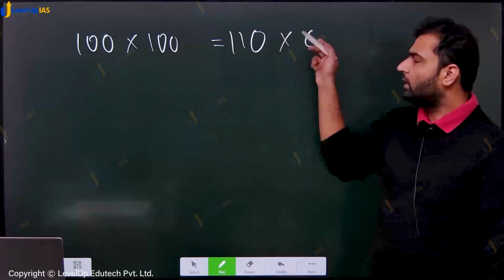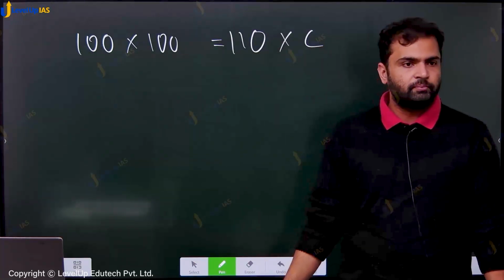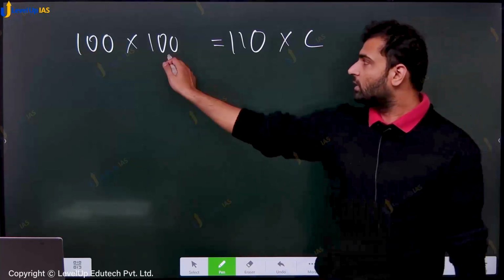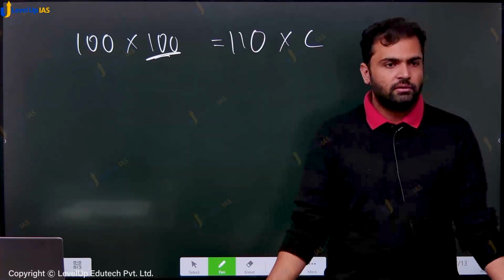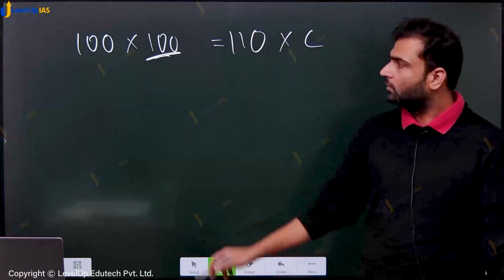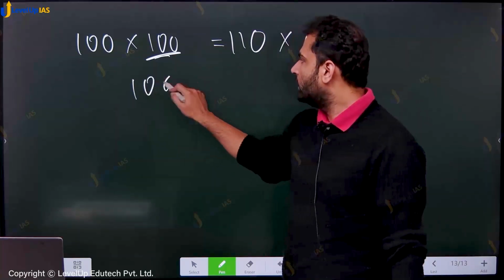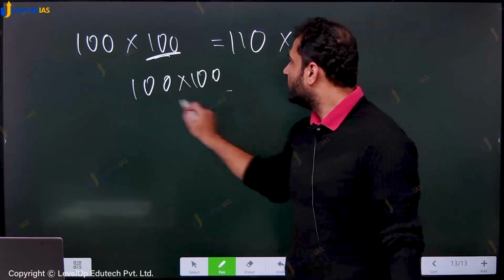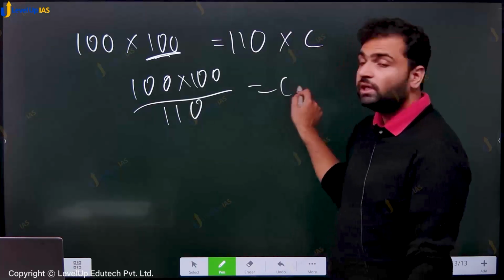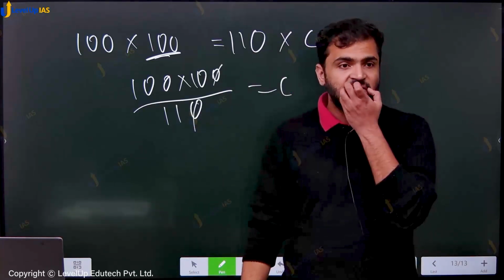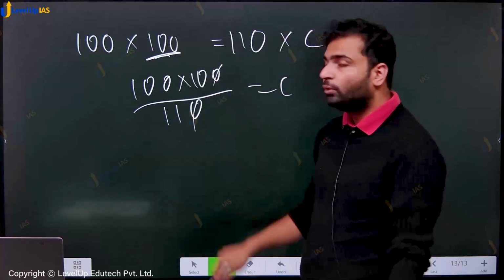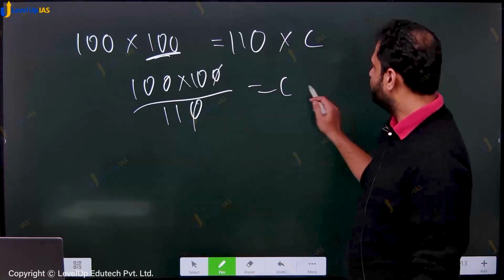Now all we want to find out is the new consumption. Because we have started from 100, the absolute change would be the percentage change. So 100 into 100 divided by 110 is equal to C. 1000 by 11 is C. If you divide, you will get C.